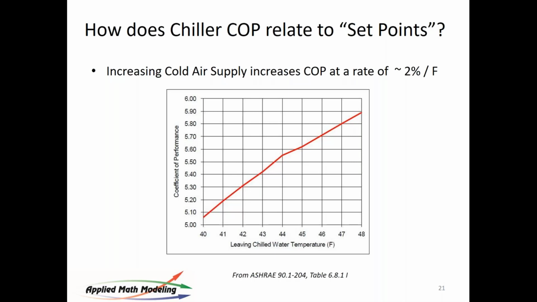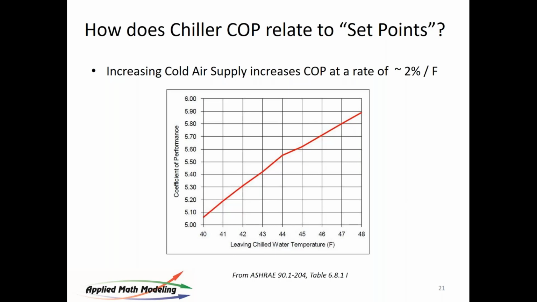Again, it's not a flat curve, and it has to be within a certain range. But we have to use some engineering judgment here to figure out which way to go in terms of design. So we're going to assume here about 2% per degree F, and this is again backed fairly well by documentation and ASHRAE. So we're going to try to drive it up.